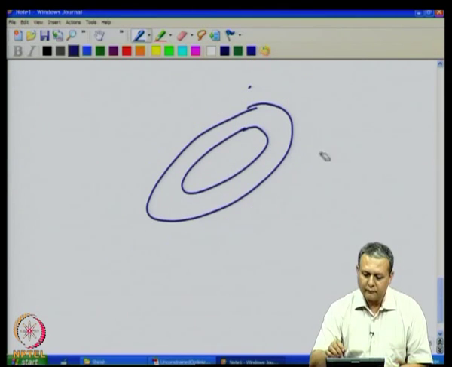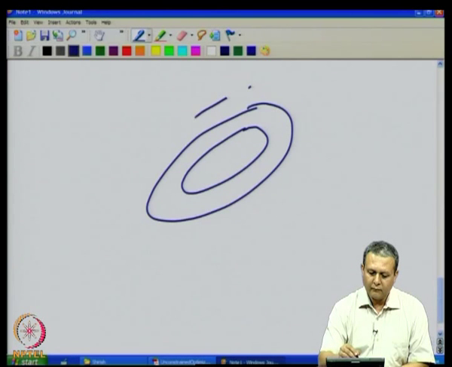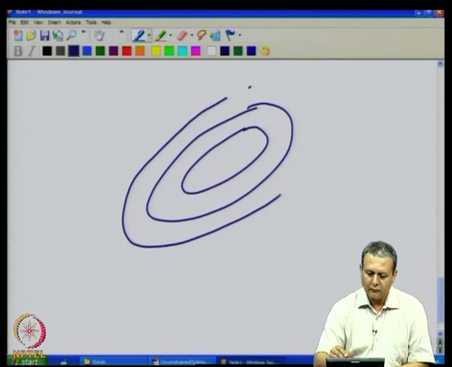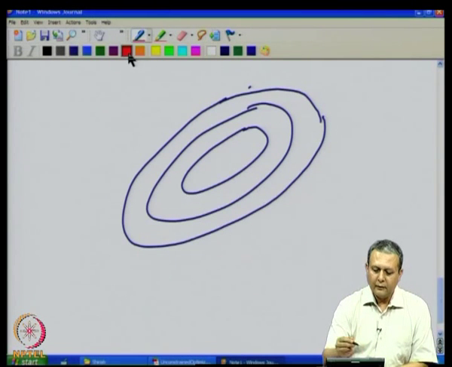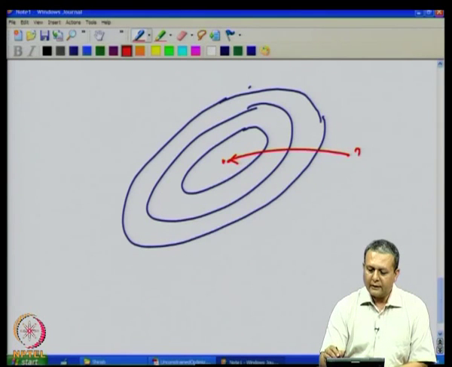So, suppose these are the contours of a quadratic function, and this point is x star.